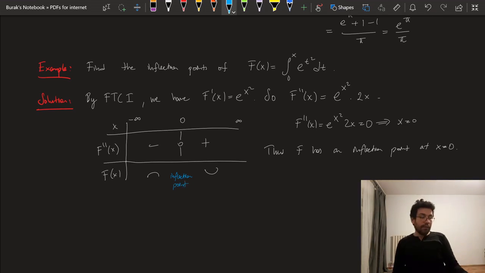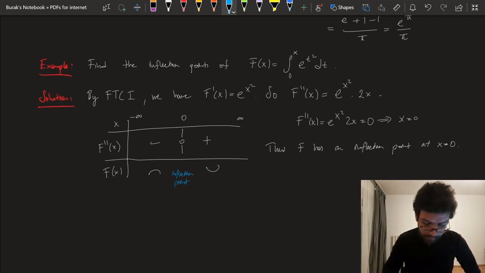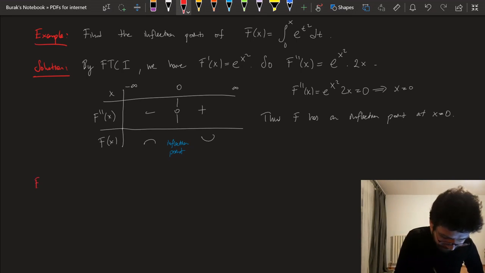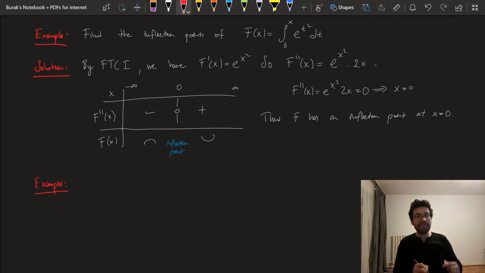Okay. Now, let me solve 3 more questions where I do a similar thing and differentiate a function which is defined in terms of a definite integral. The second part of the fundamental theorem of calculus, we're going to be using that over and over again to compute definite integrals.